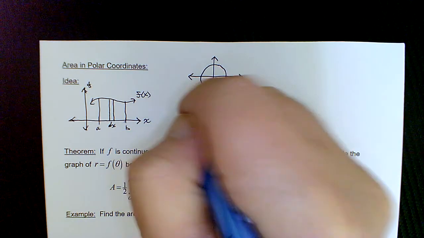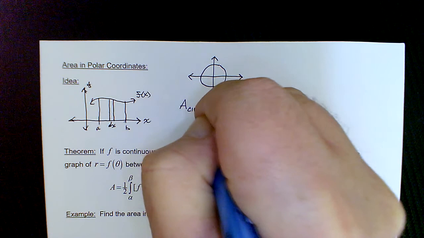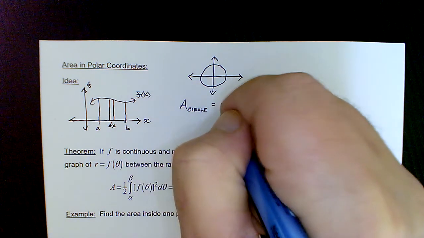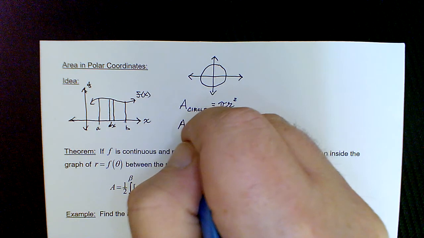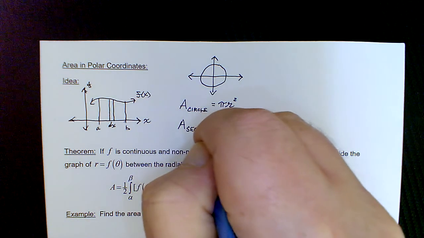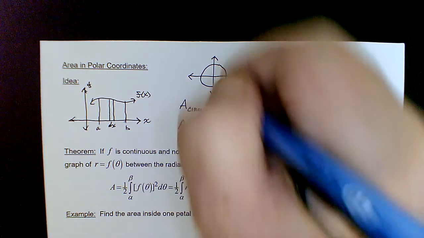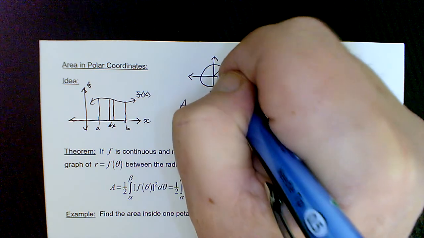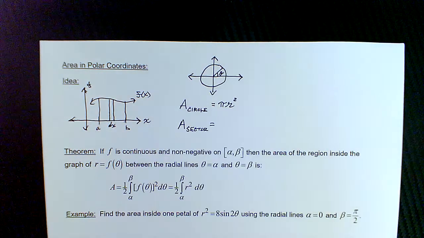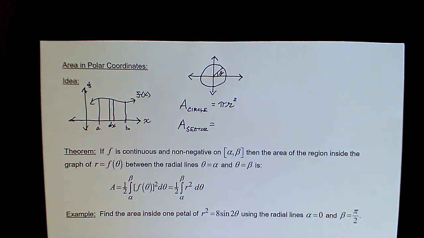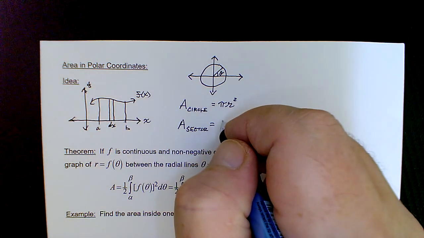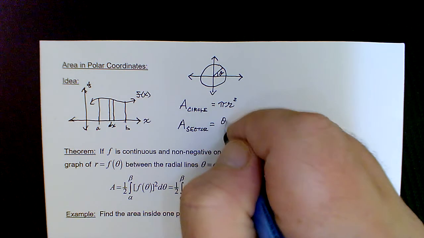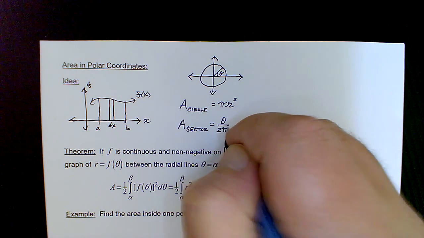We know the area of a circle is pi r squared, but if we want the area of a sector, a little piece of the circle, like a piece of the pizza pie, say sweeping through an angle of theta, then it's going to be the ratio of theta over 2 pi.